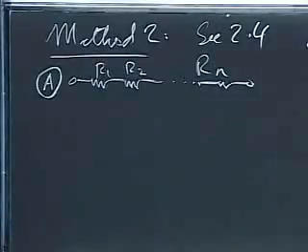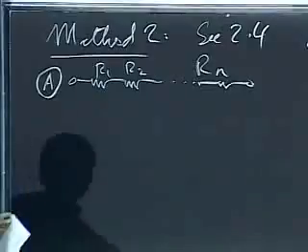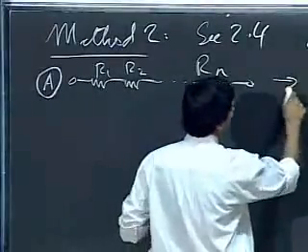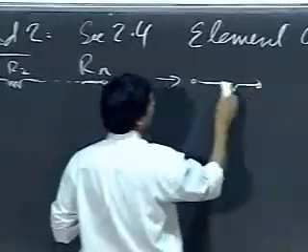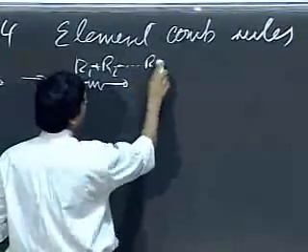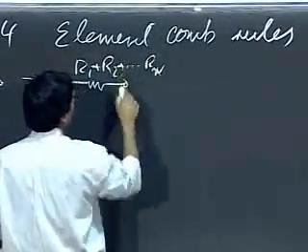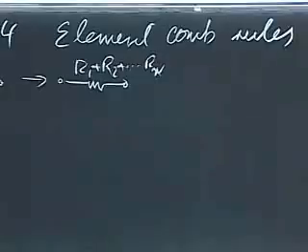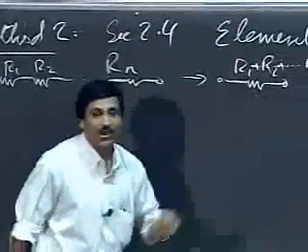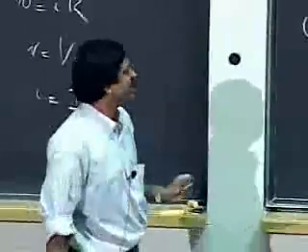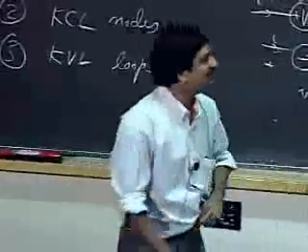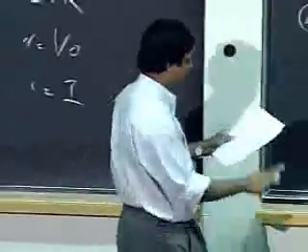You can use KVL and KCL to show that this is equivalent to a single resistor whose value is given by the sum of the resistances. So if I have resistances in series, then effectively it's the same as if there was a single resistor whose value is the sum of all the resistances. You can look at the course notes for a derivation of this fact.